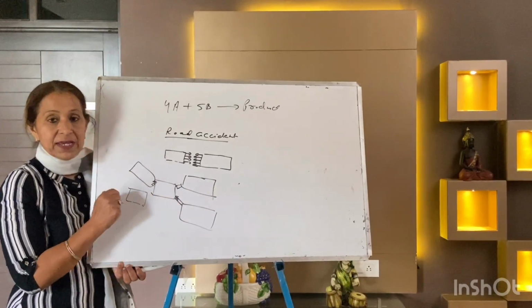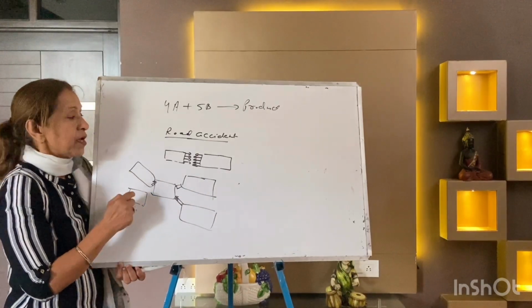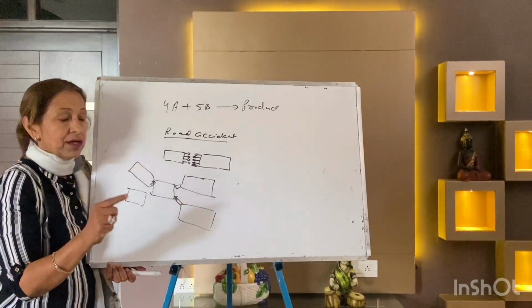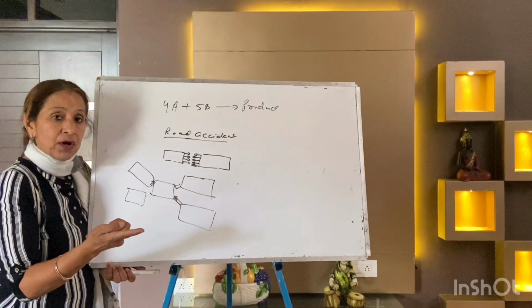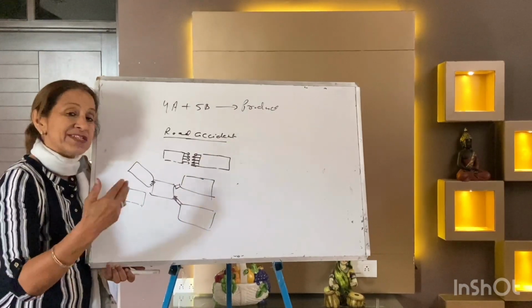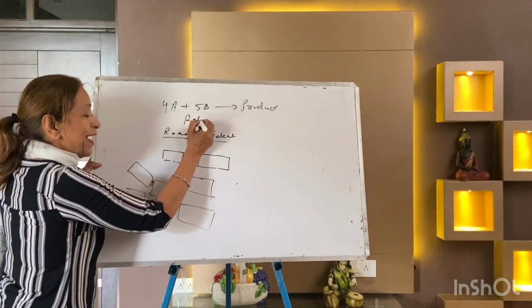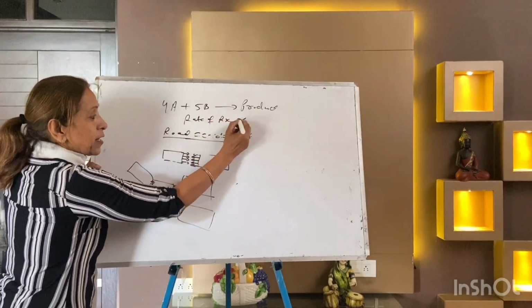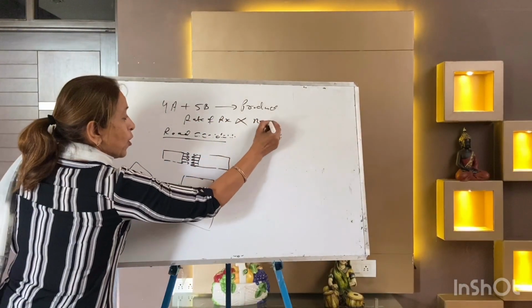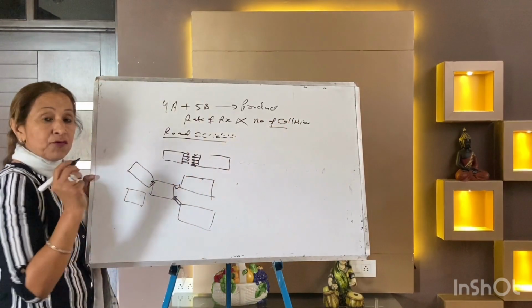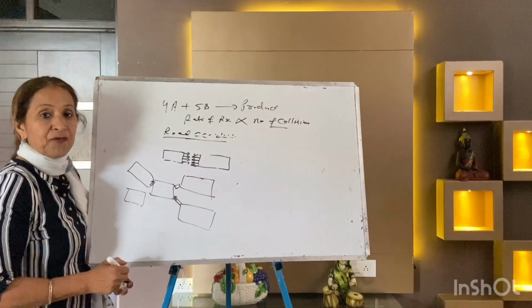In the same way, when two reactants are reacting, the area of contact is more. The more the collisions, the faster the rate of reaction. Always write, rate of the reaction is directly proportional to the number of collisions. More the number of collisions, faster the rate of reaction.